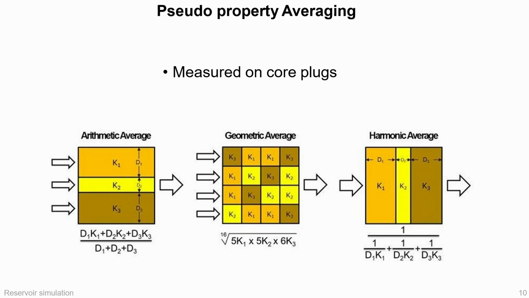Geometric averaging is commonly used for more general heterogeneous systems. The key engineering message is that averaging is not trivial. The correct average depends on flow direction and geological arrangement. If we choose the wrong averaging method, the model may misrepresent how easily fluids actually move through the rock.